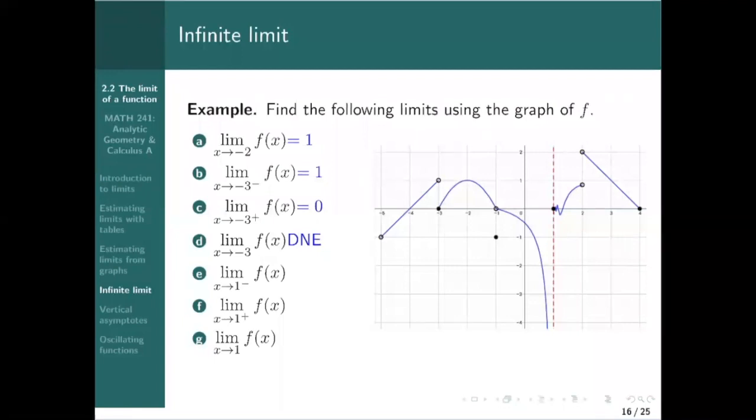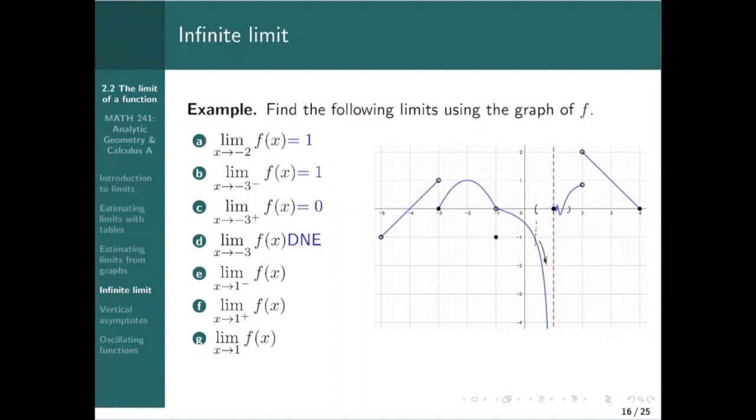In the last three items, we want to evaluate the limit of the function as x goes to 1. Let's start by taking a look at the limit of this function as x goes to 1 from the left. So let's take an open interval containing 1, but we are going to restrict our attention to values that are less than 1.